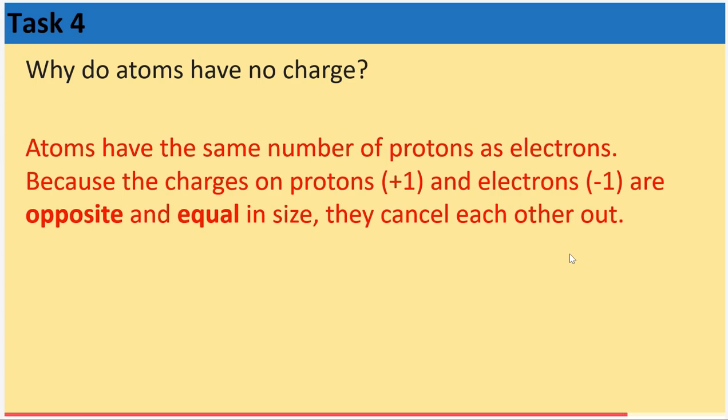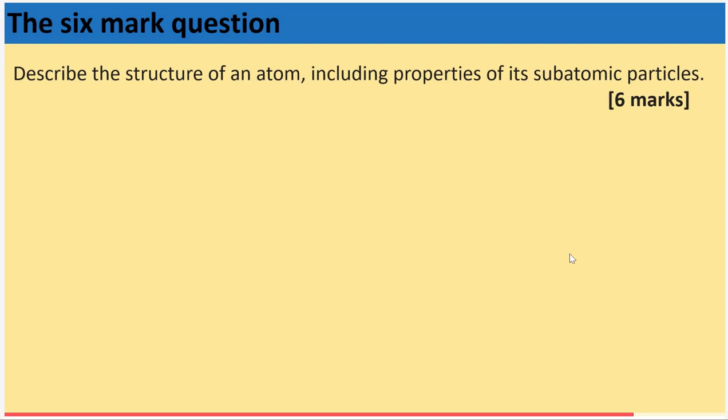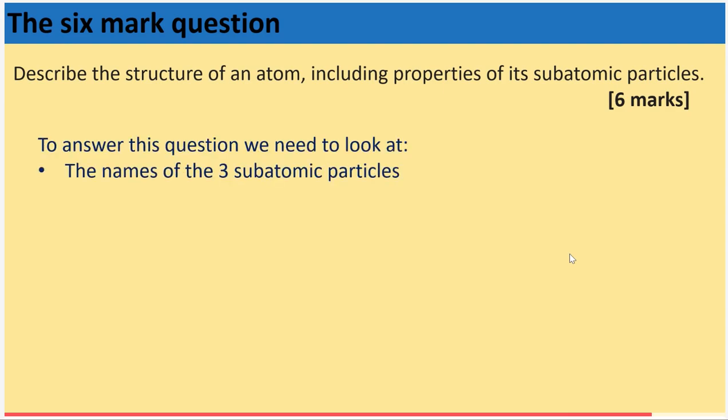Right, so from everything you've done today, everything you've got written down in front of you, you should now be able to answer this 6-mark question. Describe the structure of an atom, including the properties of its subatomic particles. So you're looking for a nice description of an atom, and in that description, you need to be including these things: the names.